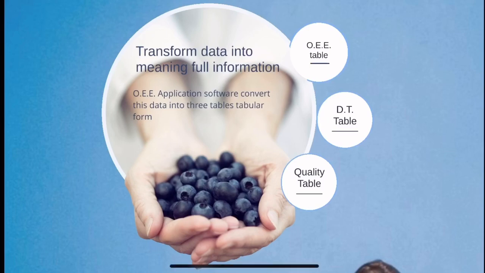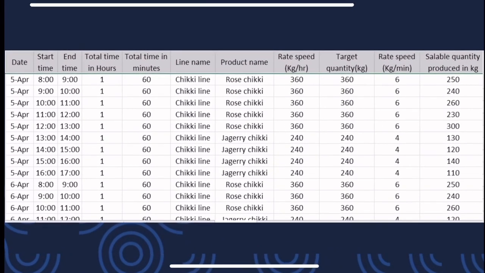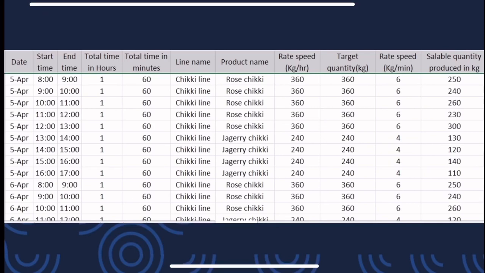Now let's discuss the OEE table. The data which is entered into the OEE application, the application will process and make into a meaningful OEE table, which will stratify the whole data into tabular form and which can be downloaded in Excel as well.